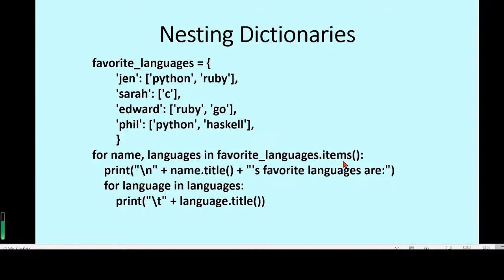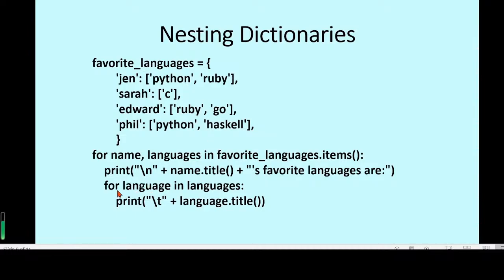Next, we can write a for loop: for name, languages in favorite languages items. The items method will get key value pairs. So the key is the name, and languages is the value for this person. Then we can print the name, title form, favorite languages are. Next, inside the for loop, we write another for loop because this is a list.